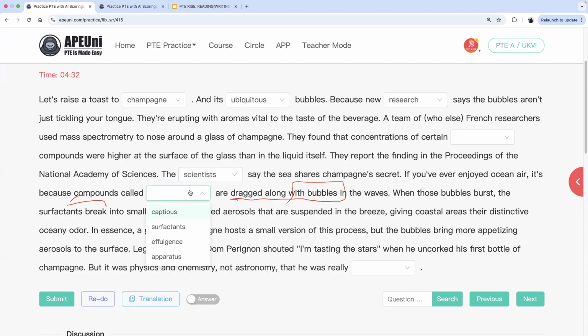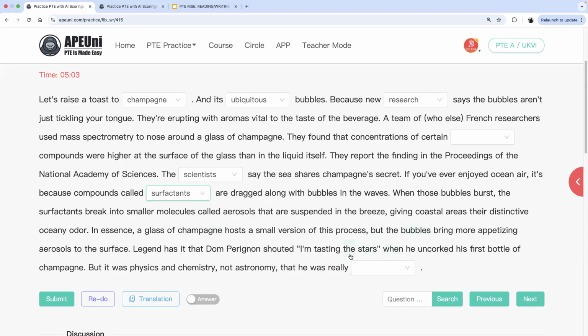Try. Okay, leave it for now. Let's try to solve the last one. Maybe you'll find the answer along the way. Surface. You look at this word. The answer is in the paragraph. It's not always the case, but in this case, it was the case. Easy. That's what I was saying. Leave it, maybe you'll find your answer.